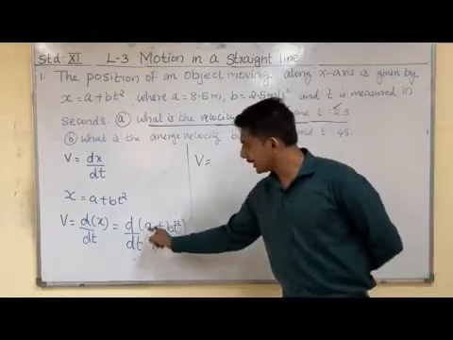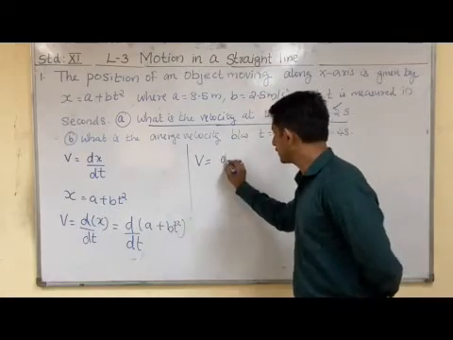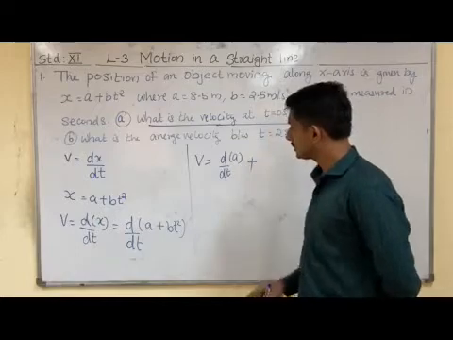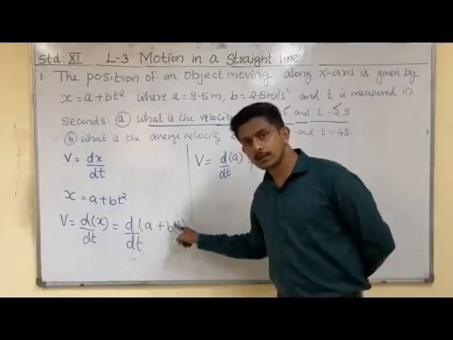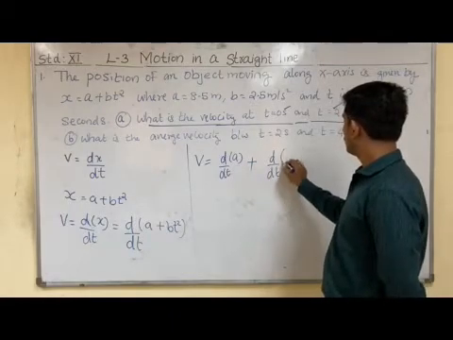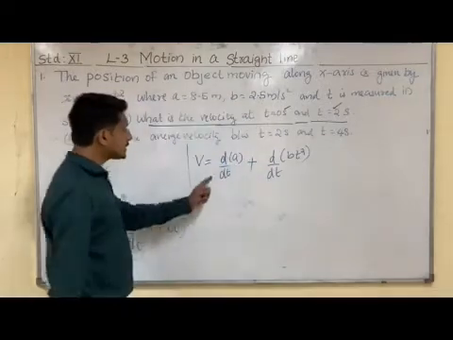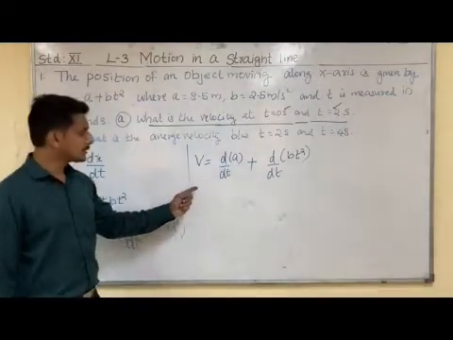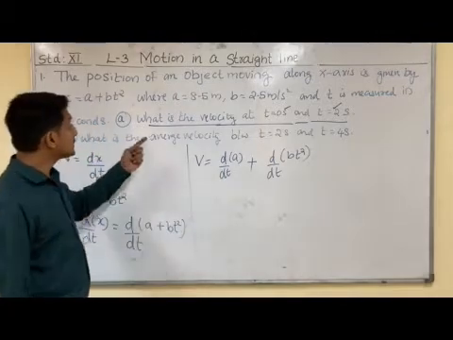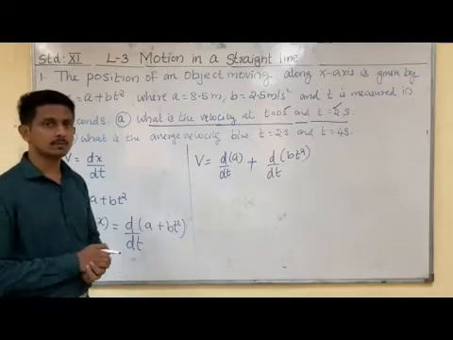You see how we carry out this operation: d by dt of a, plus d by dt of bt square. Here, a is considered as a constant.